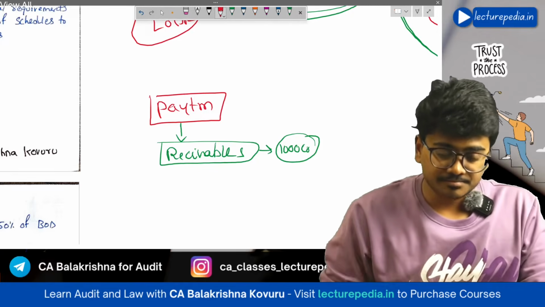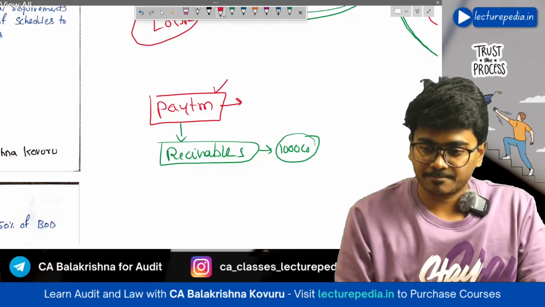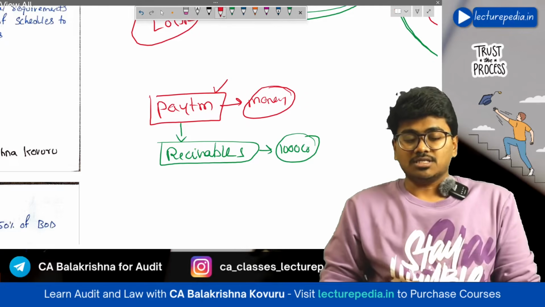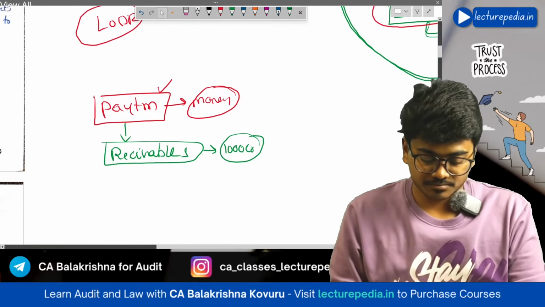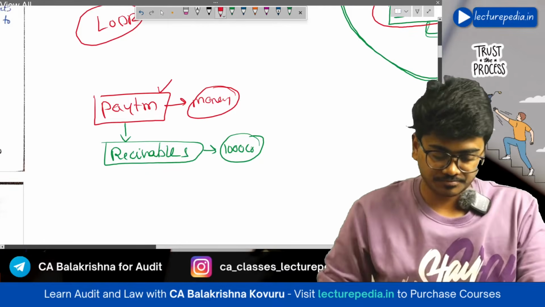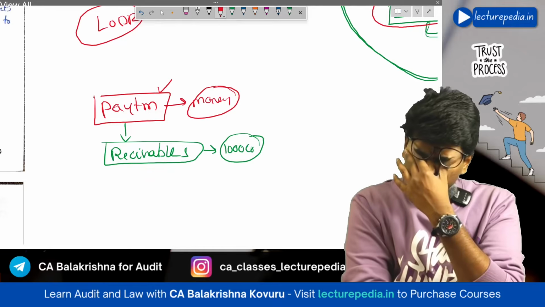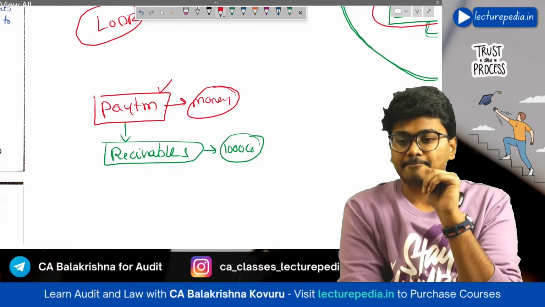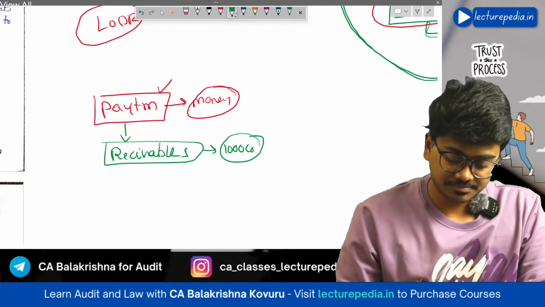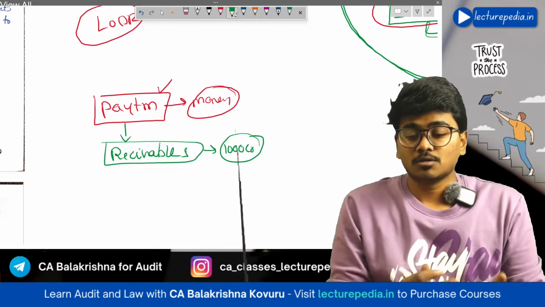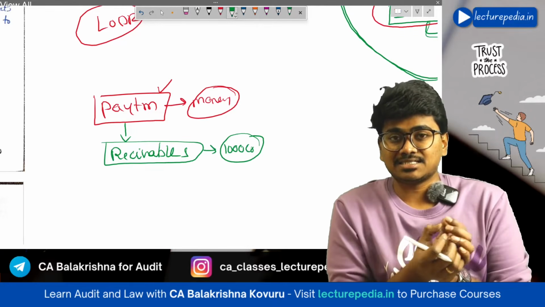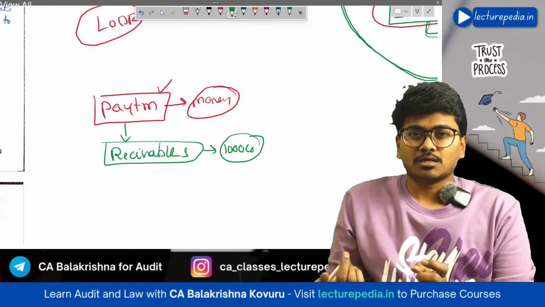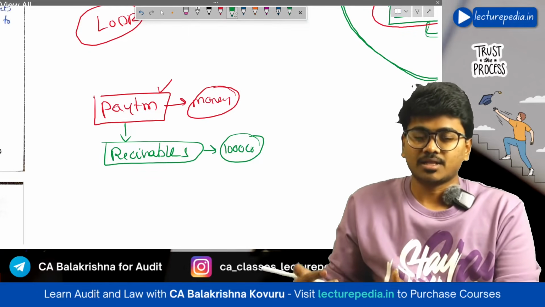Now, Paytm is in need of money. Let's say it wanted money. What Paytm can do is approach a particular company whose business is to purchase the receivables and convert them to securities and raise money.